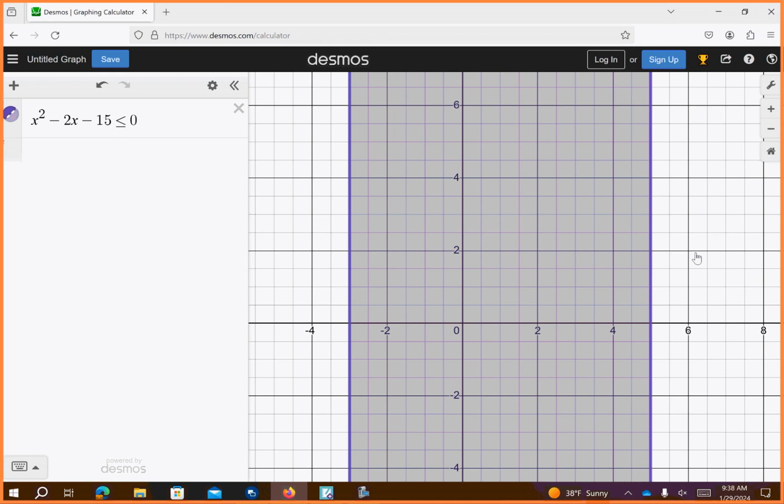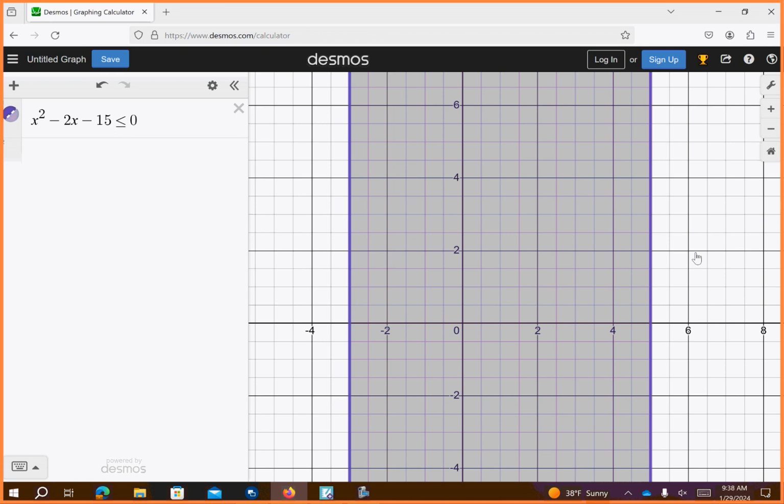Less than 0 is negative numbers. So our critical values are -3 and 5. If I took -3 and plugged it in here, I'd get 0. If I plugged 5 in for x, I would also get 0.